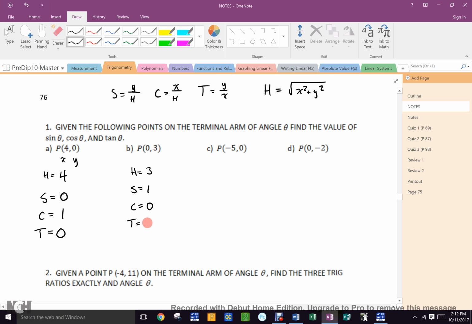It's 3 over 0. 3 over 0 doesn't exist. So what is 3 over 0? Undefined.